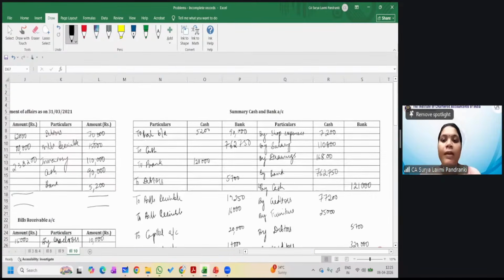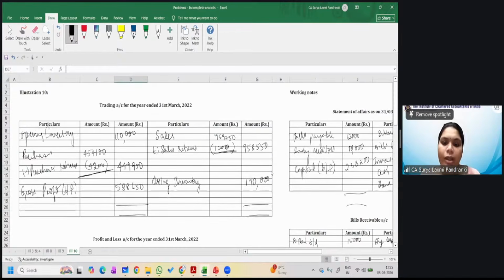A lot of transactions were paid in cash, few are paid in bank, few are outstanding. So we consider cash and bank account together and then do it. That's one difference in this question. That's why I did this question, so that you will have an idea when a lot of information is given to you, how you have to do this.